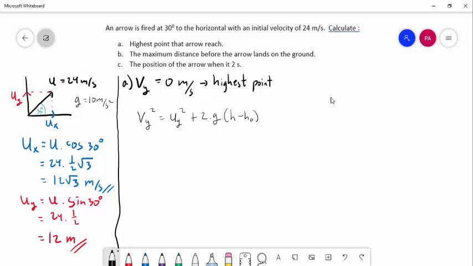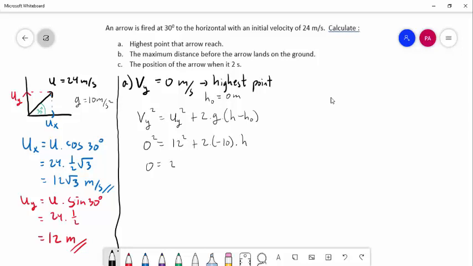We can assume that the arrow is fired from the ground, so the initial height is 0 meters. Then we can input the data. This one is 12 squared, and don't forget the negative sign because the direction is down, and H here.